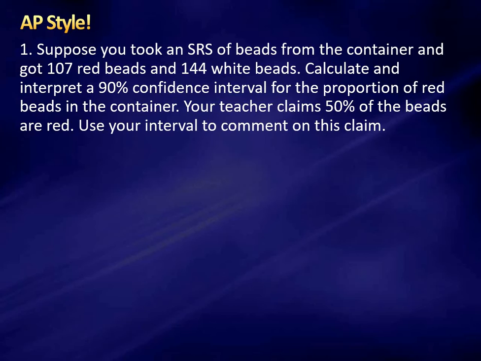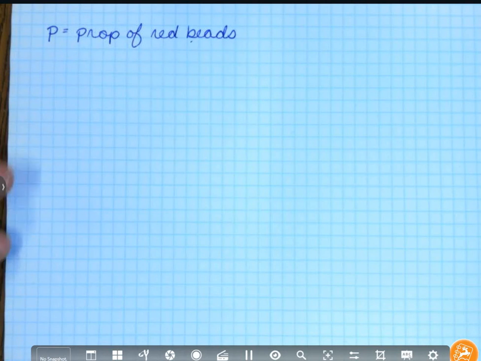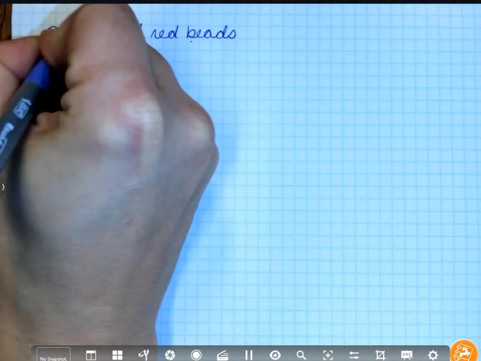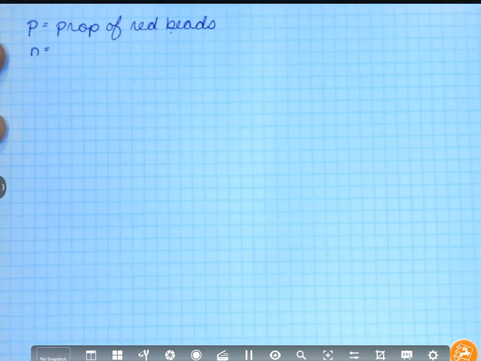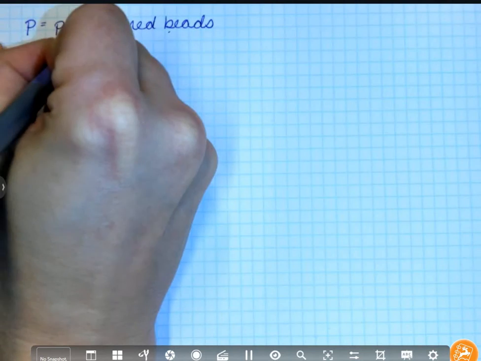Okay. What was the second step? Identify the pieces. So what are the pieces that I have from this? N. What is N? So I would say N is, and one more time, what was N? 251.